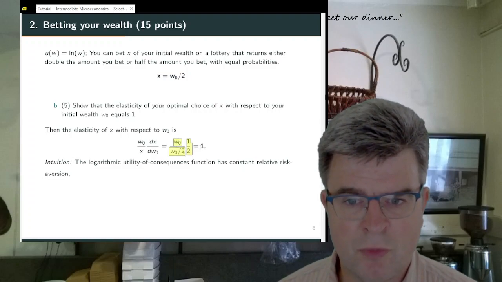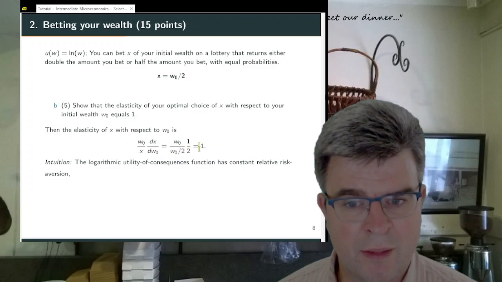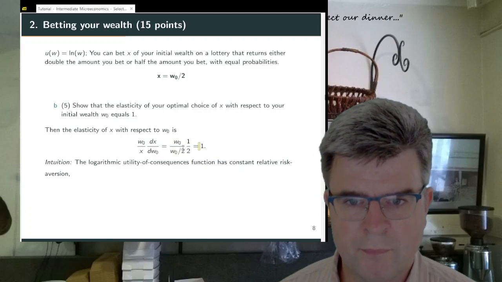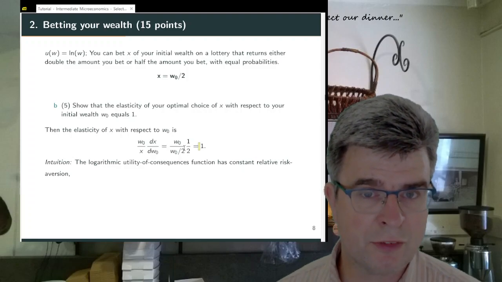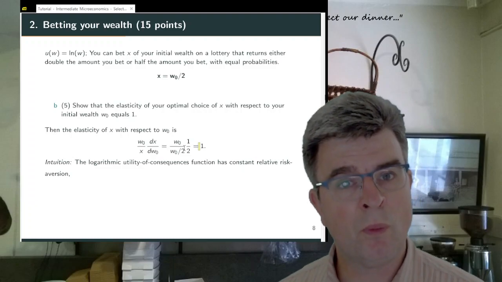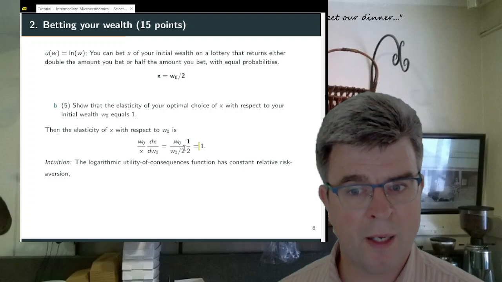And we simplify the W0s, they cancel out, and we get that this is identical to 1. So this means that if our initial wealth increases by 1%, then we also will find it optimal to increase our bet by 1%.